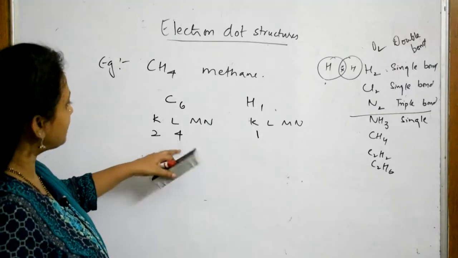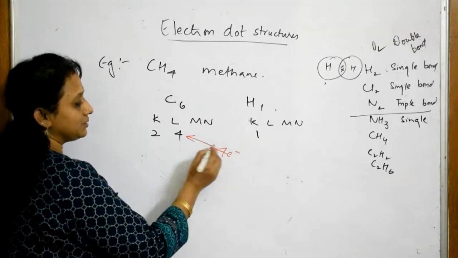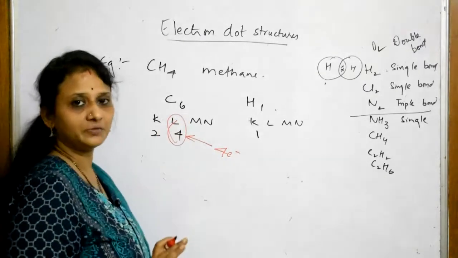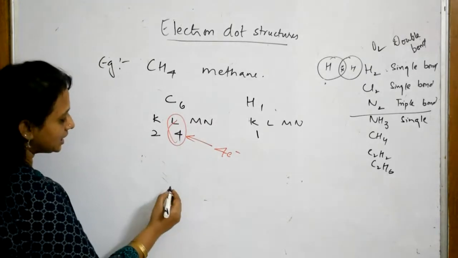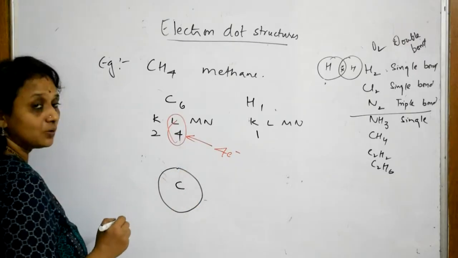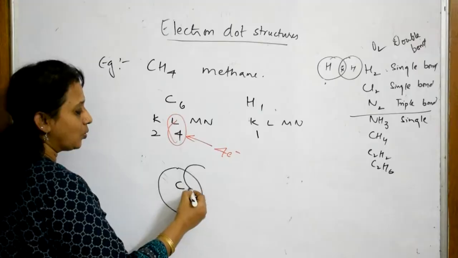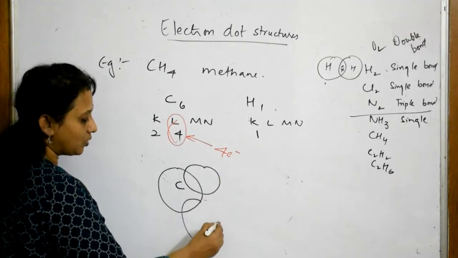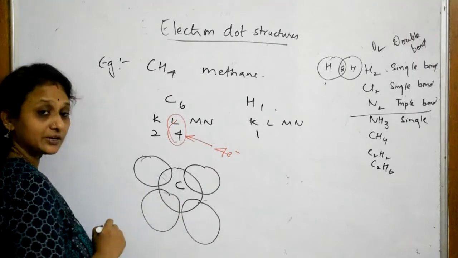Now, how many does carbon require? Carbon requires 4 electrons to become stable because this should be 8 always. Count is 8. So, 4 electrons. Let us take 1 carbon, right? Now, how many are there? 4 hydrogens are there, CH4. 1 hydrogen, 1 more hydrogen, 1 more hydrogen, 1 more hydrogen.